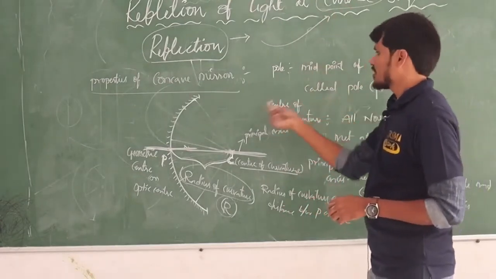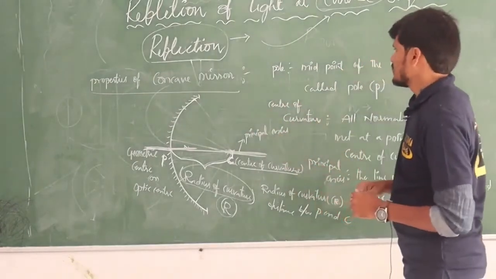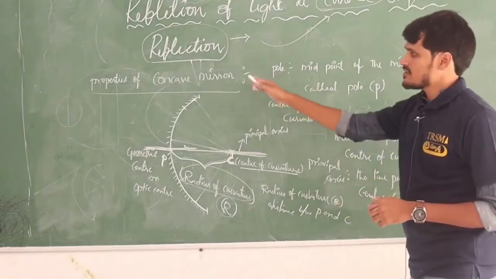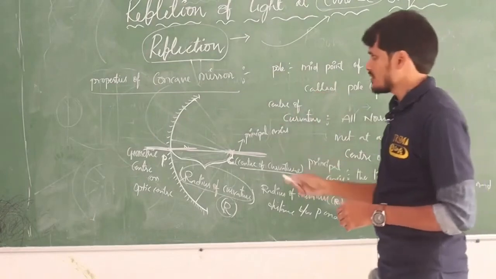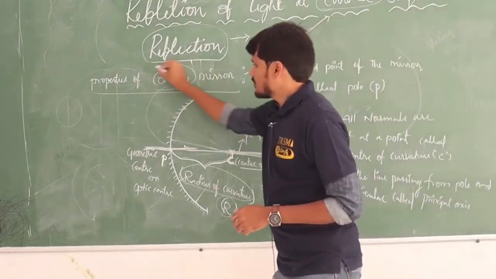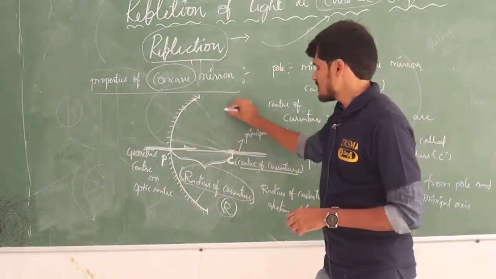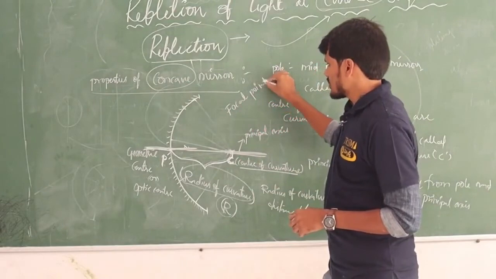These are the two spherical mirrors, concave and convex, why we call them spherical mirrors, and the properties of a concave mirror. One more property remains, the focal point. So what is the focal point?